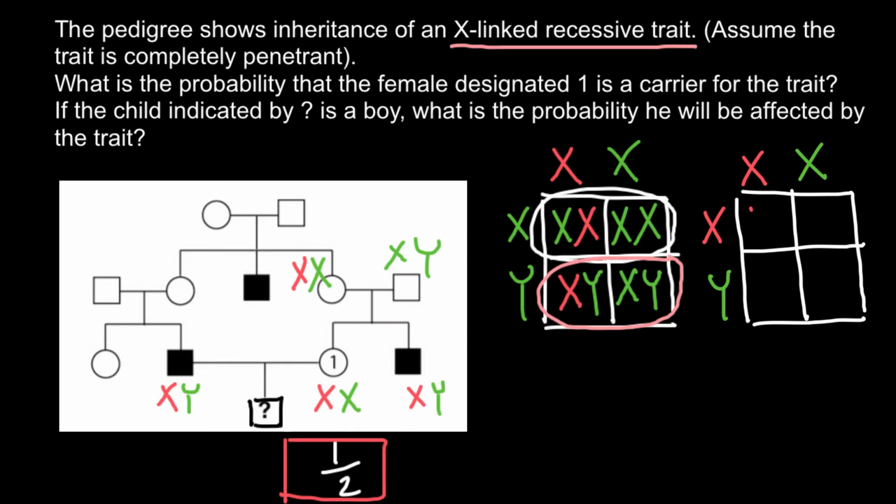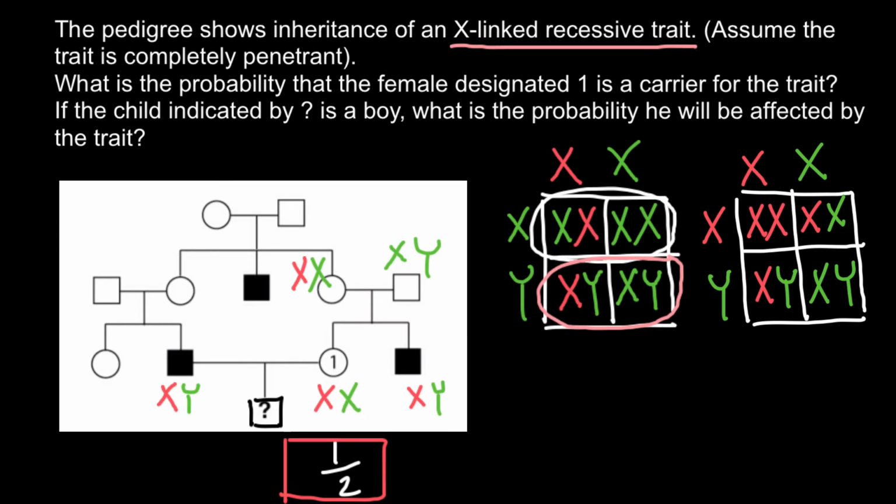So here we have two defective X chromosomes. This means that this female would be affected, and here we have one defective X chromosome from the father side and one normal X chromosome from the mother side, defective X chromosome from the mother side and normal Y chromosome from the father side, and normal X chromosome from the mother side and normal Y chromosome from the father side.